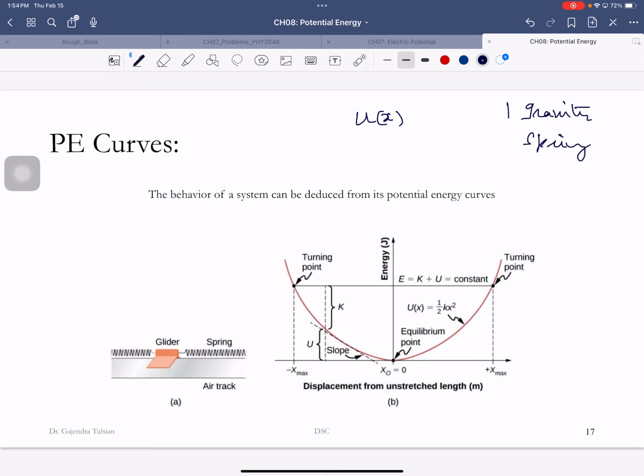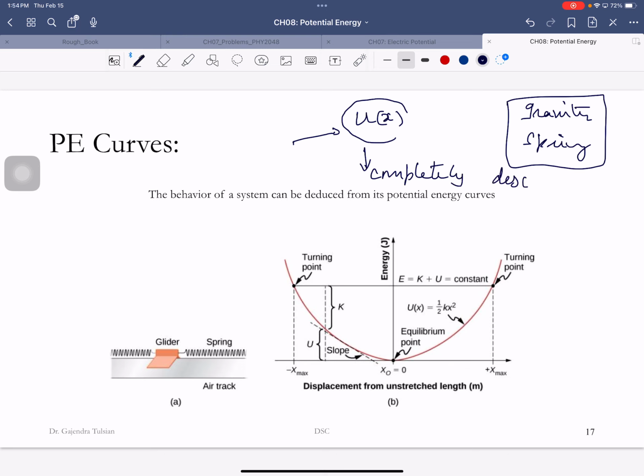So now we're making a general statement. If you can give a potential energy function for a system, then you have completely described the behavior of the system. You can completely derive the behavior of a system.